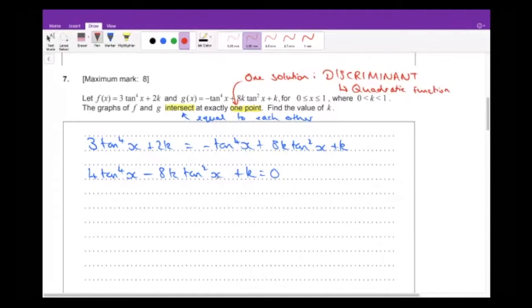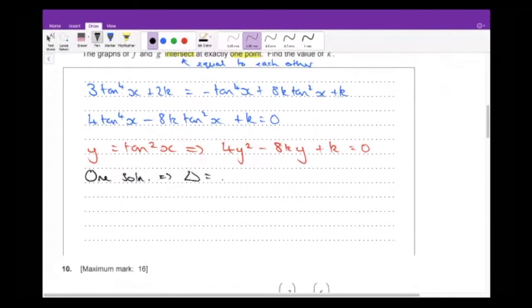Well, we've got tan squared, tan to the 4, and no tans. So it's like saying, let's say y is equal to tan squared x. So the equation becomes 4y squared minus 8ky plus k equals 0, because tan squared squared gives tan to the 4x.